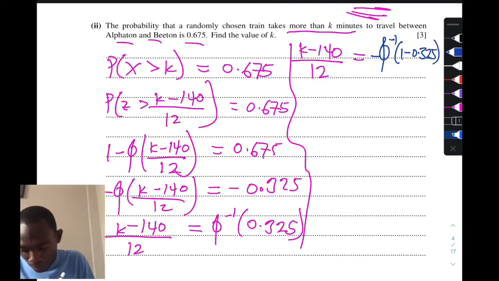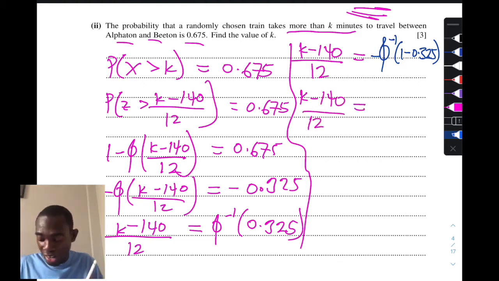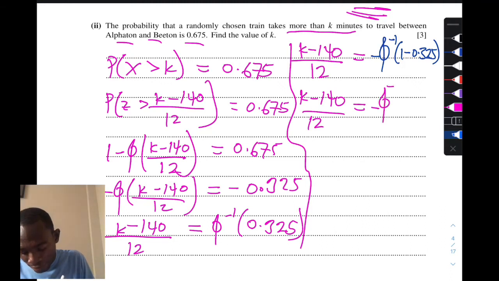Now let's continue. That is really important. Keep it in mind. I will keep hammering it till it enters into your skull. So that is negative phi inverse of 0.675.